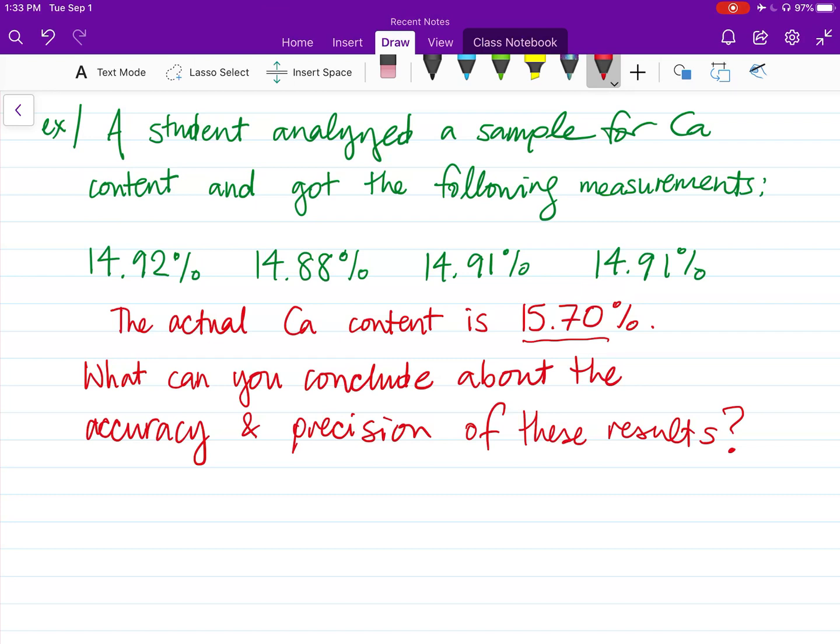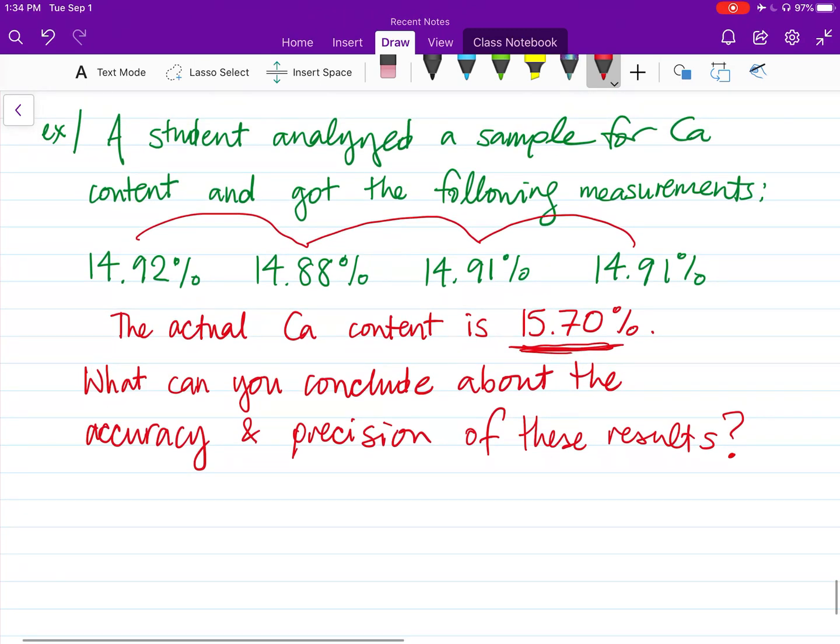All right, so let's look at her data. She did 4 results, and they're pretty close to each other, right? 14.92, 14.88, 14.91, 14.91. So they agree well with each other, but they're very far from the true composition of calcium in the sample, which is 15.70%.